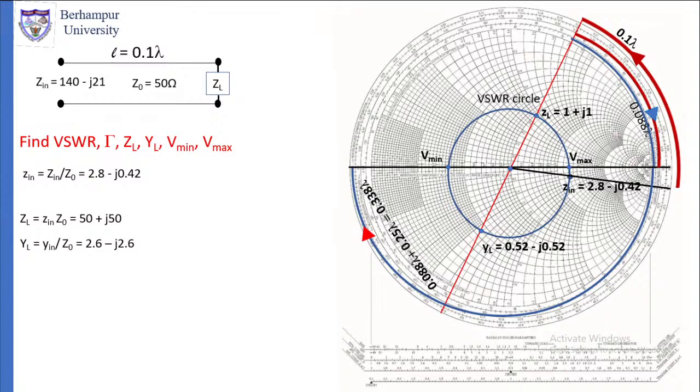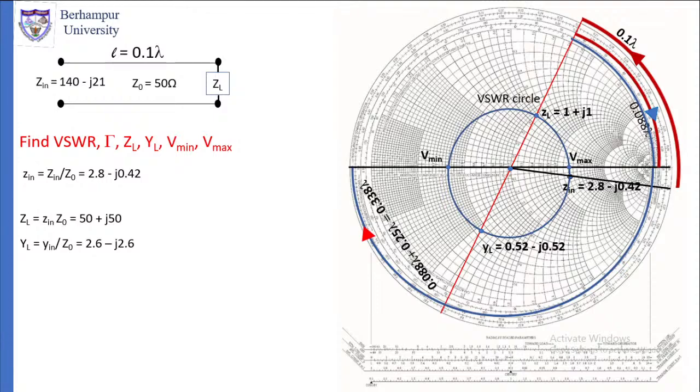Look at the load point we have found already. From the load point, move in the clockwise direction towards the generator and reach the horizontal line first. Wherever you reach the horizontal line first, that distance gives you the Vmax point in this case.